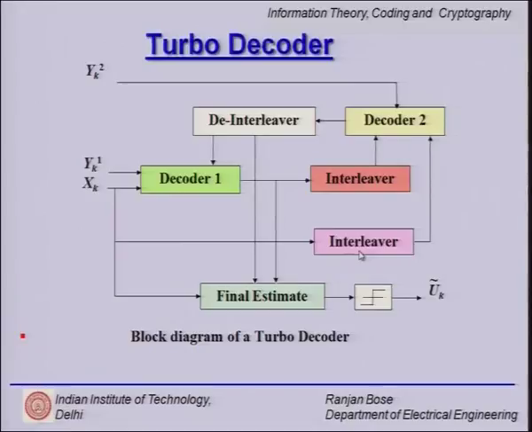So, first we have to understand how it works. In a very basic manner, the job of the decoder is to guess what would have been the real thing and mimic the encoding process.